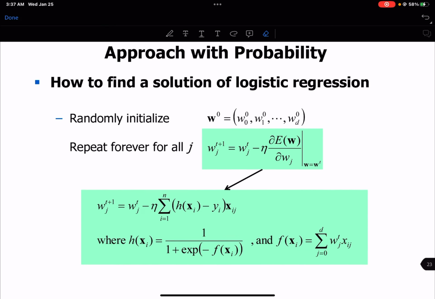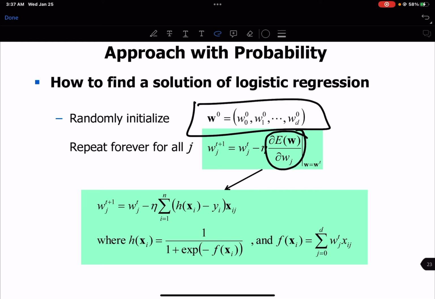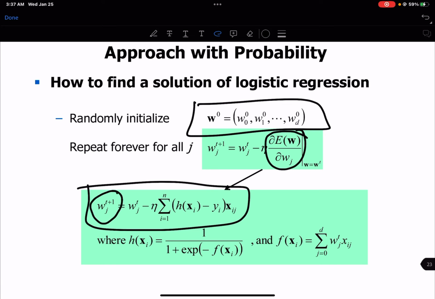So now we know the probability based solution for logistic regression. What we can do is randomly initialize our w naught values, and then we can take the partial of our error function with respect to wj, and we get our new, this is your equation for update of your weight values.